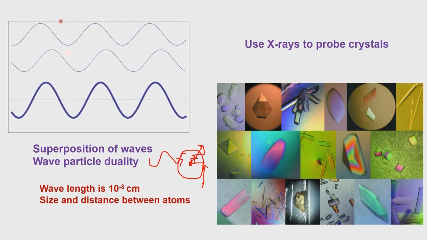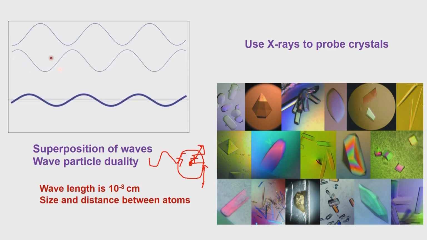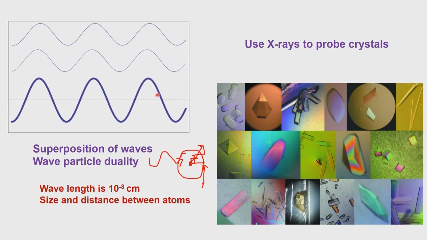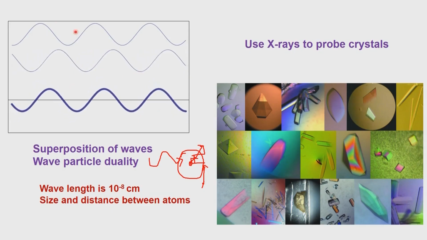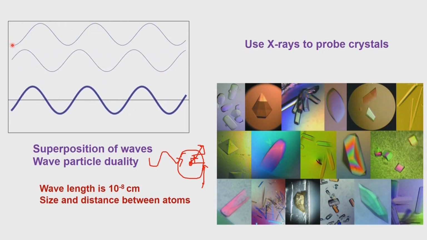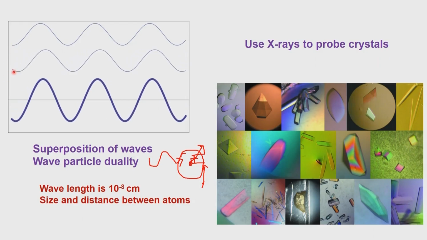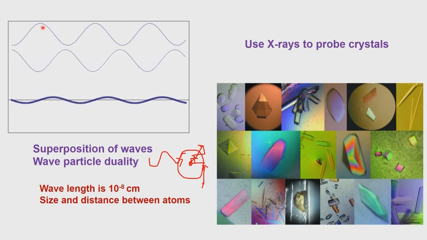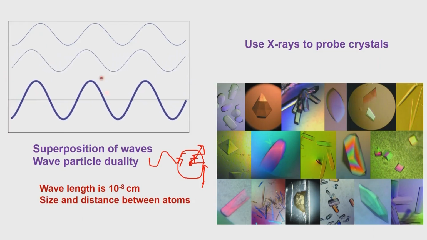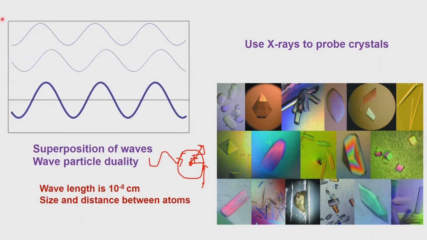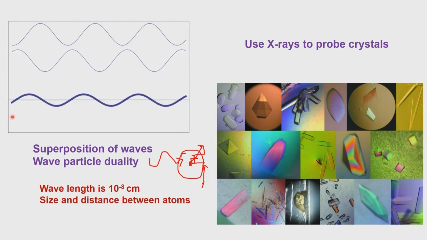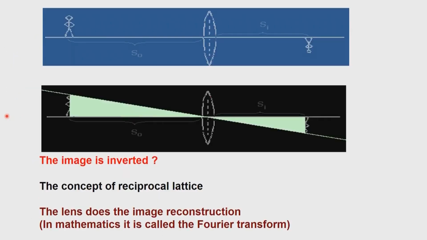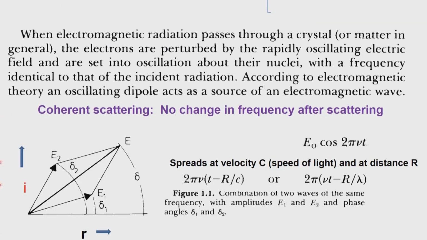Then we can combine E1 and E2 and get the resultant associated with E1 and E2, and therefore, you see that if this is the phase associated with E1, delta 1, and this is the phase associated with E2, delta 2, then the phase associated with the resultant will be delta, which is a combination of delta 1 and delta 2. So, if we go back to that picture, we have an E1 and an E2, and the resultant vector is along the E direction, and so this is the corresponding delta value.